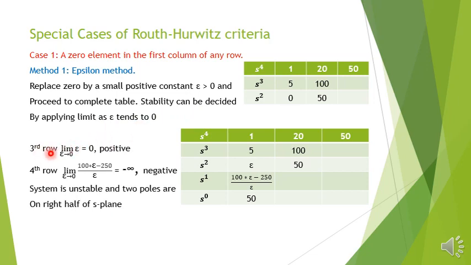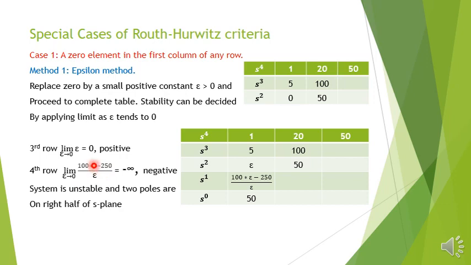So for the third row, as epsilon tends to 0, if I apply the limit it becomes 0, and 0 means a positive value. For the fourth row, the limit as epsilon tends to 0 of 100 epsilon minus 250 by epsilon.